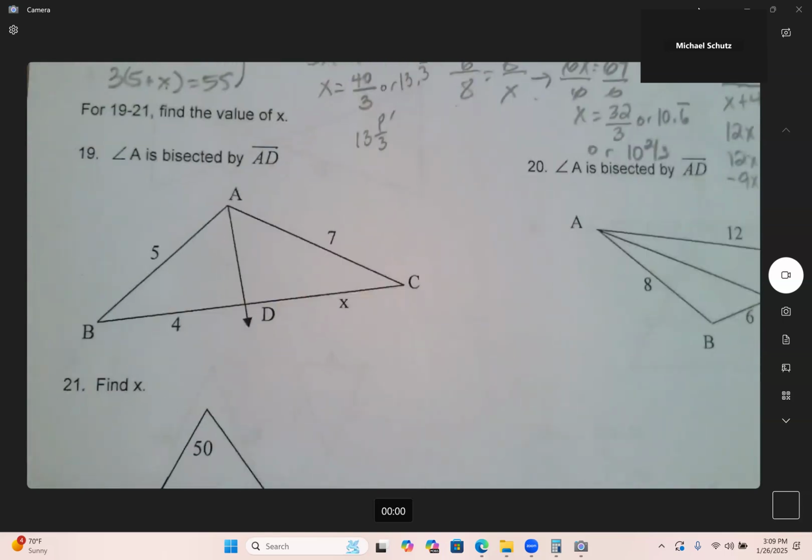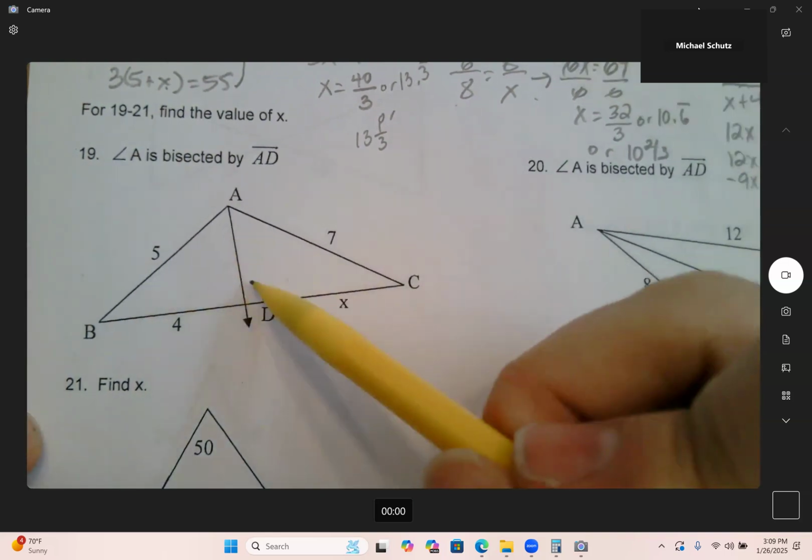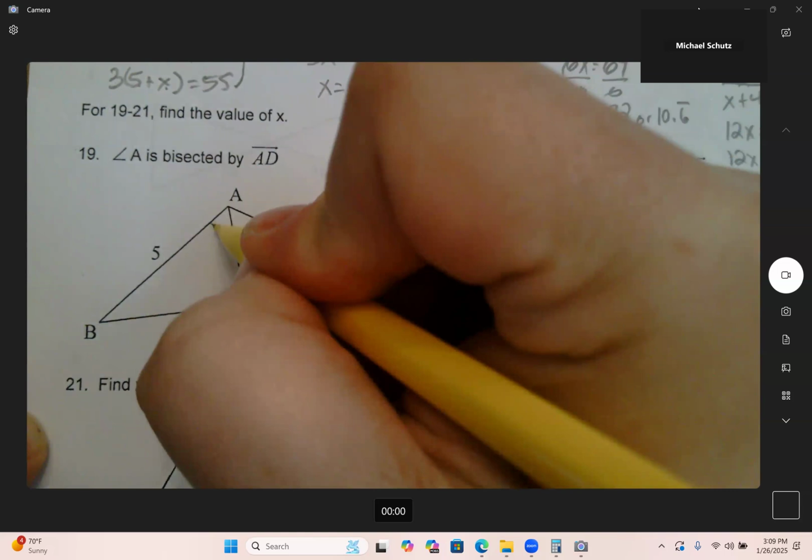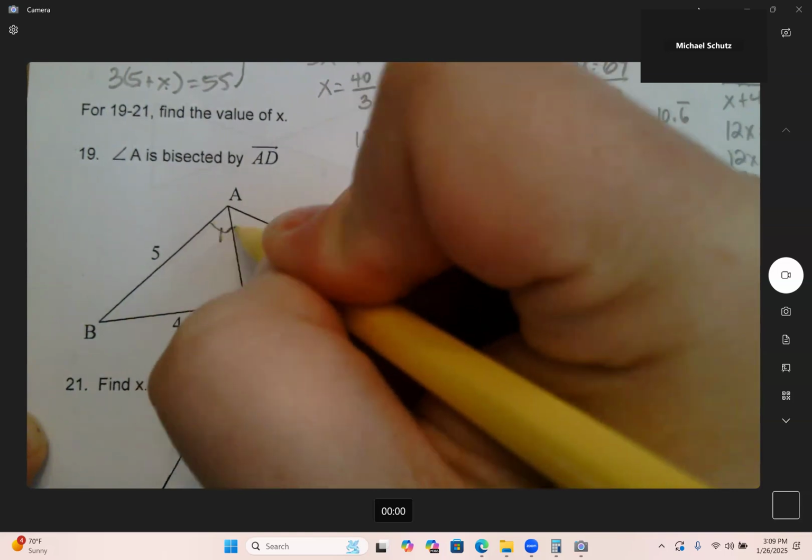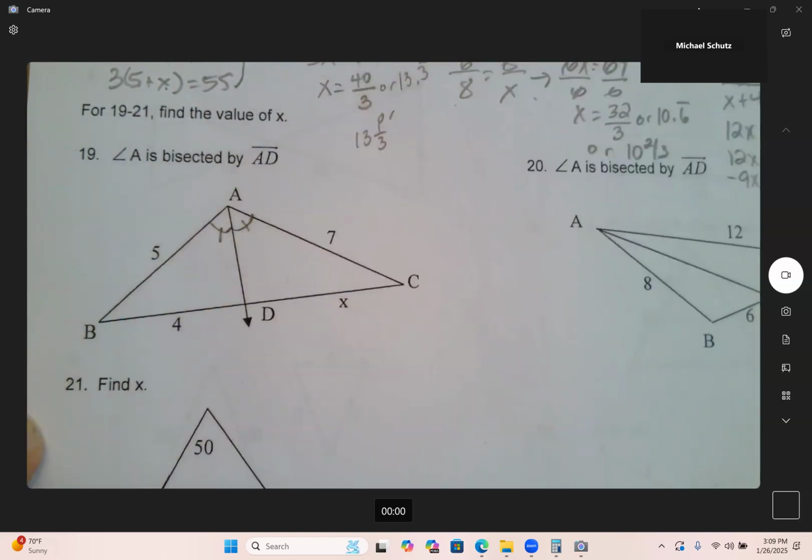All right. So number 19 and 20, we have problems involving an angle bisector. While the angle bisector does not, this angle right here would be congruent to this angle right here. It does not create similar triangles. It does create a proportional relationship.